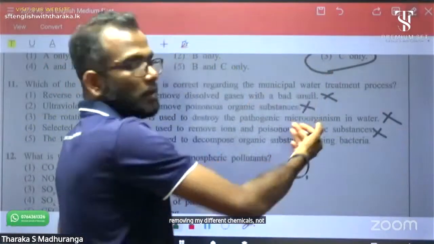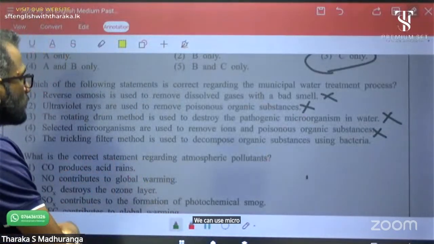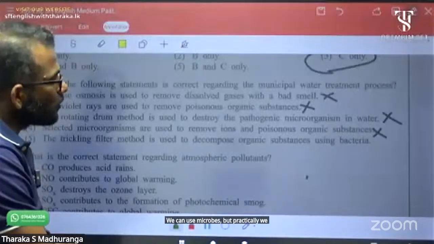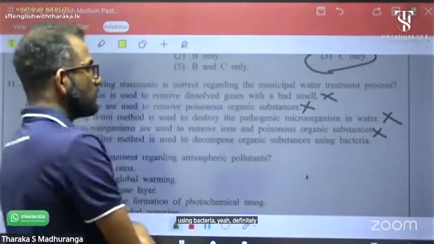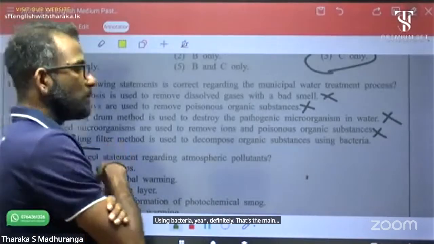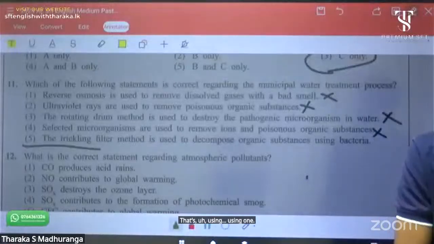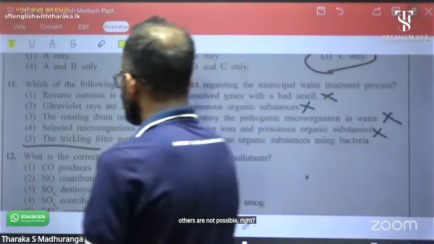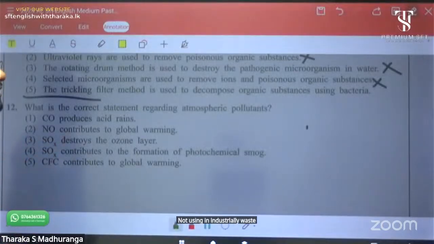We can use microbes, but practically we do not. The trickling filter method is used to decompose organic substances using bacteria. Yeah, definitely. That's the one in use. Others are not possible, right? Not used in industrial wastewater treatment.